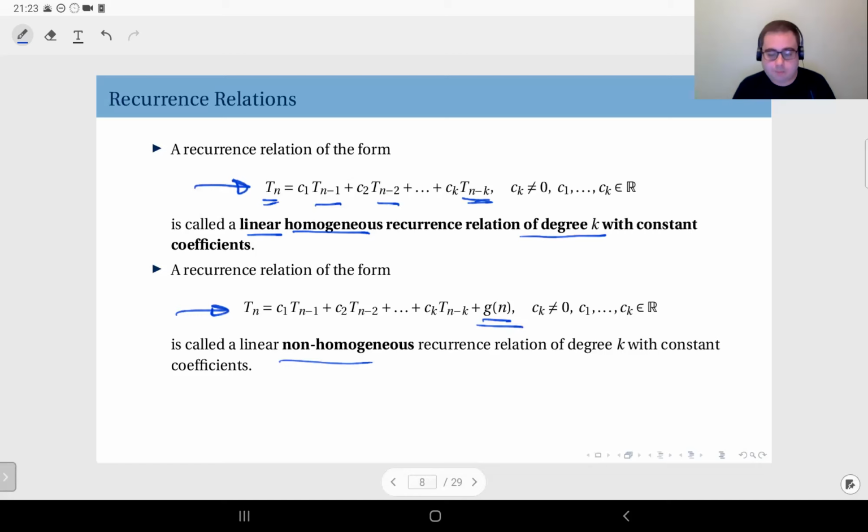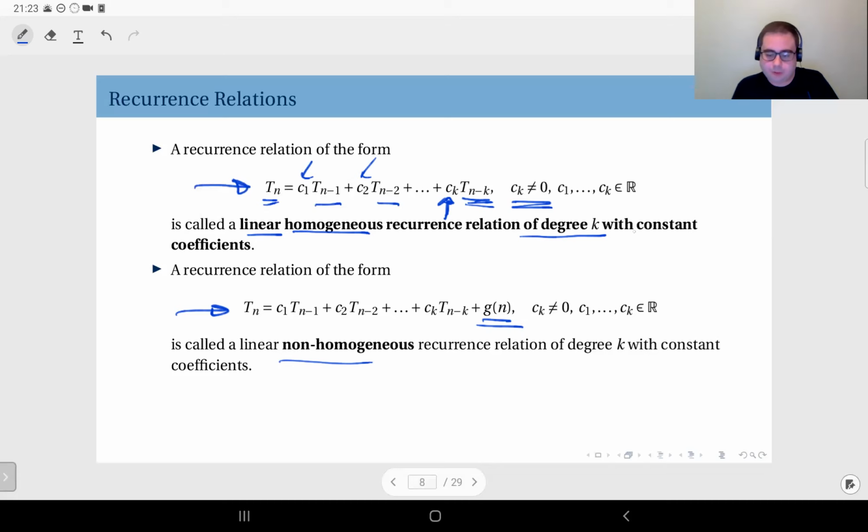So Tn depends on Tn minus k, and what ensures this is our assumption that Ck is non-zero. Ck is the coefficient of Tn minus k. All the coefficients here, we allow them to be zero, but not this one, because then it wouldn't be a degree k recurrence relation.